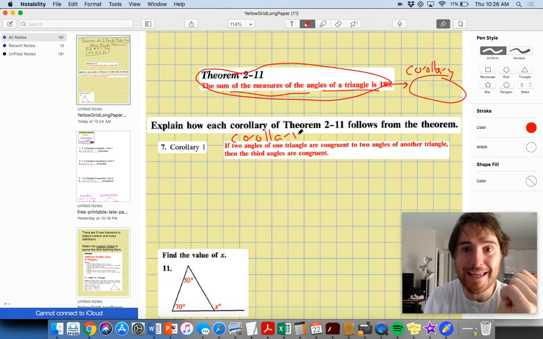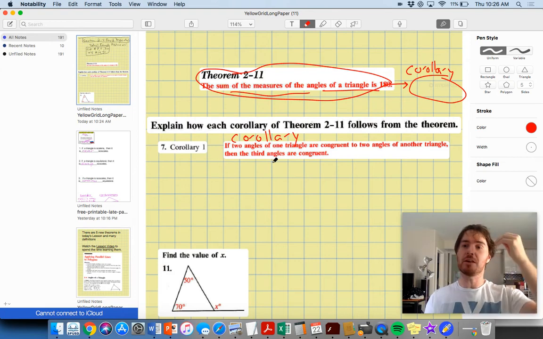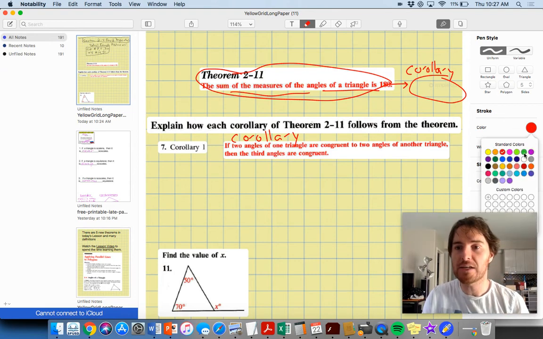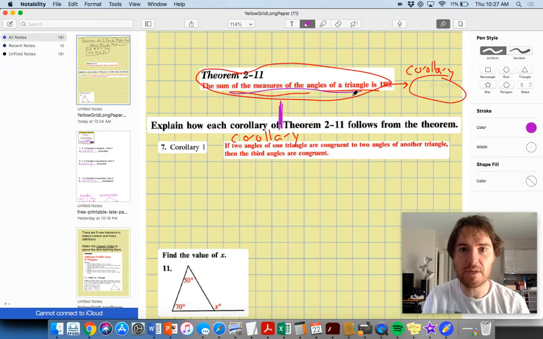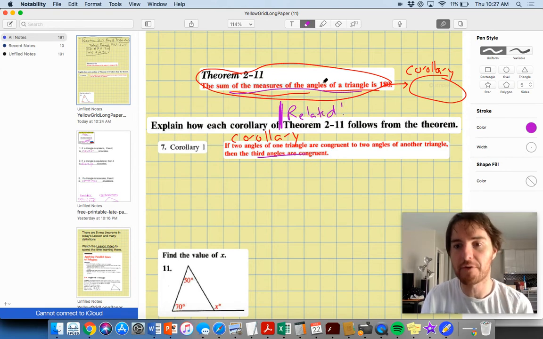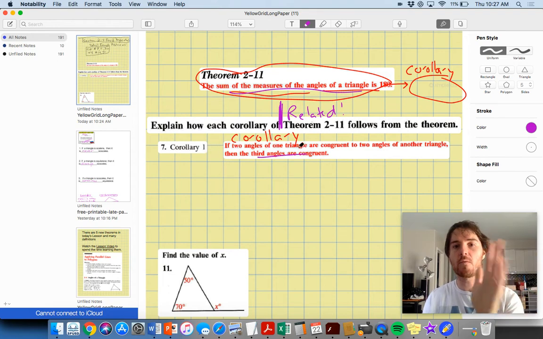A corollary is a theorem, so it is a proven fact that is proven very quickly from another theorem. So this statement here and this statement here are very much related, because this one here is based off of the theorem here. Okay, so corollary 1, let's review it again.